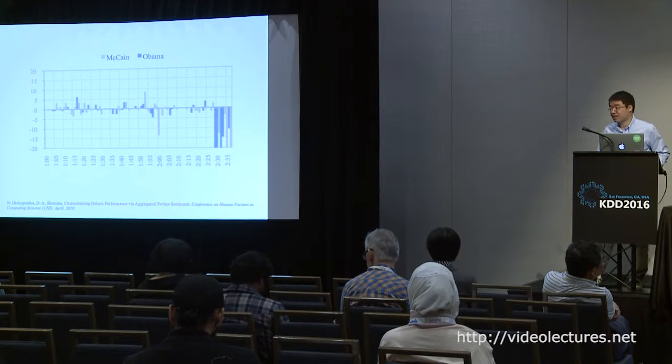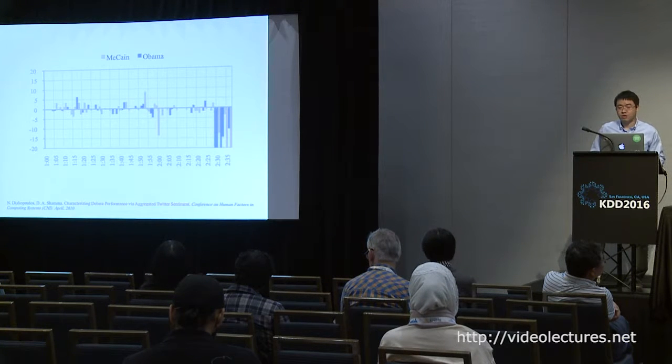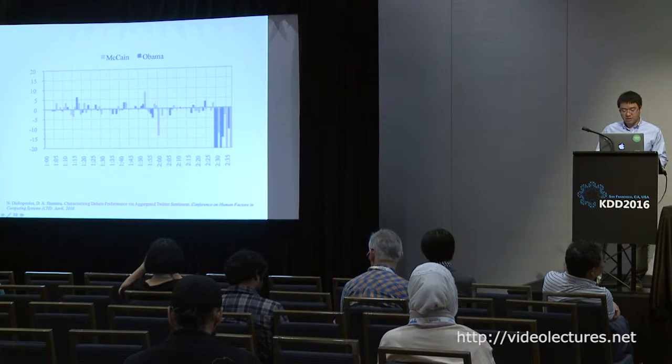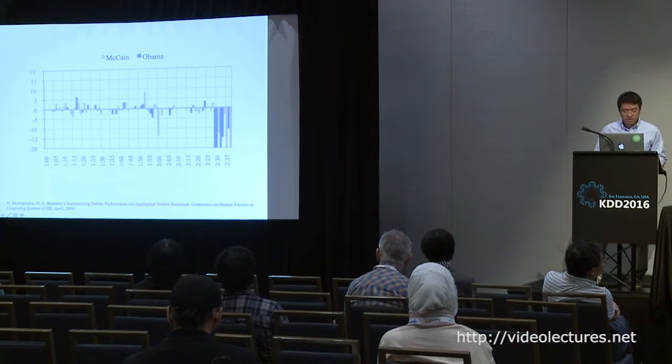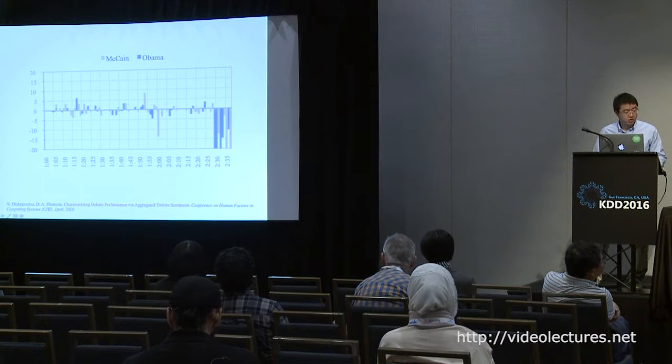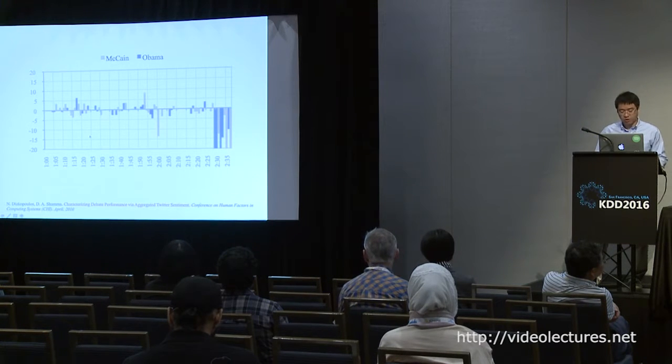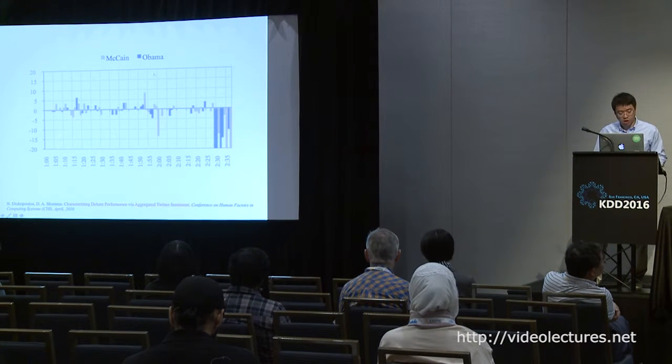They use this exact approach to infer the sentiments of tweets expressed against the different segments of the event along the event timeline. As you can see, they apply their model and consider the degrees of sentiment. The more negative it is, the more negative people are about the performance of the debater here, which is McCain.